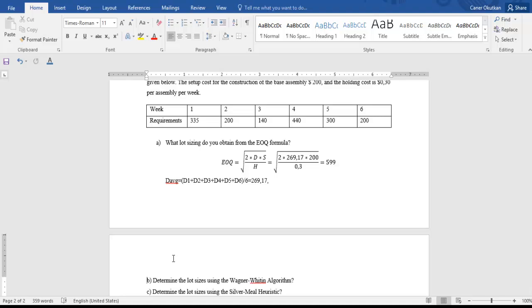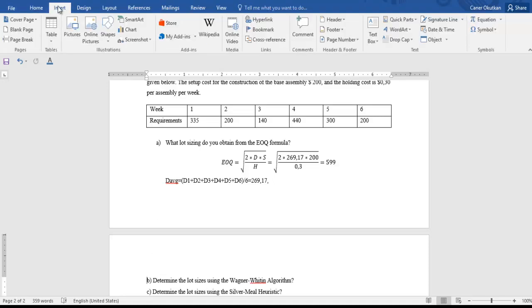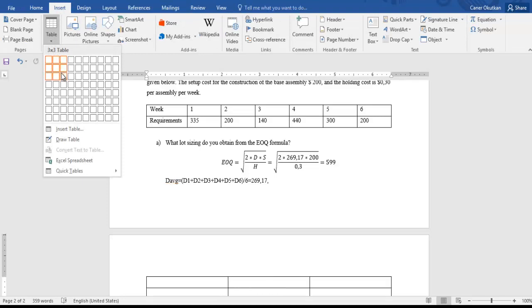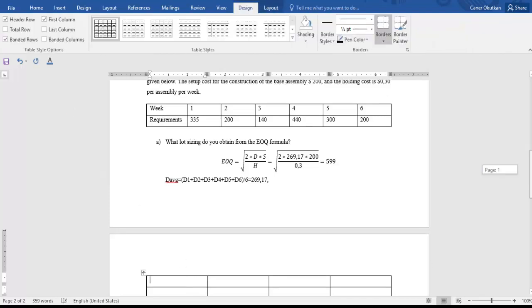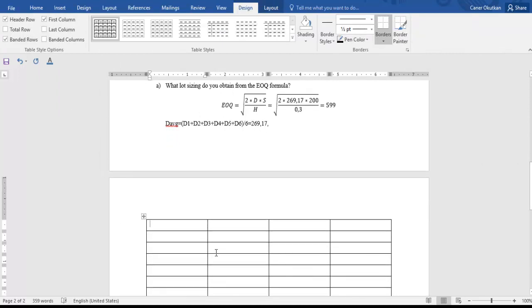And to find total costs, we construct a table. This table 1 2 3 4 multiply 7. Okay, so this is about week.